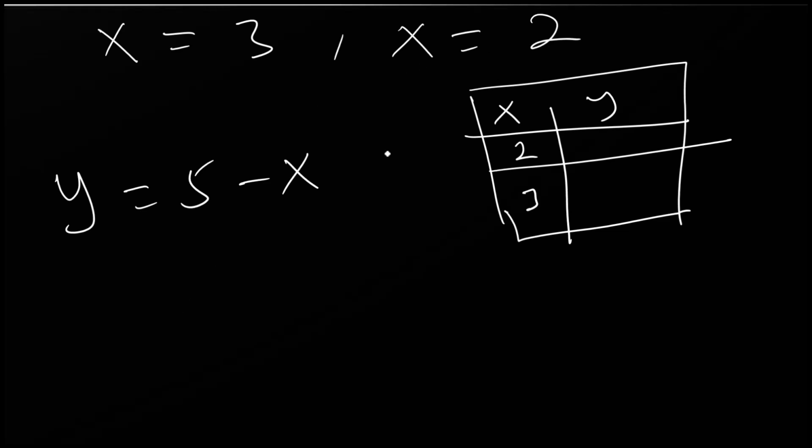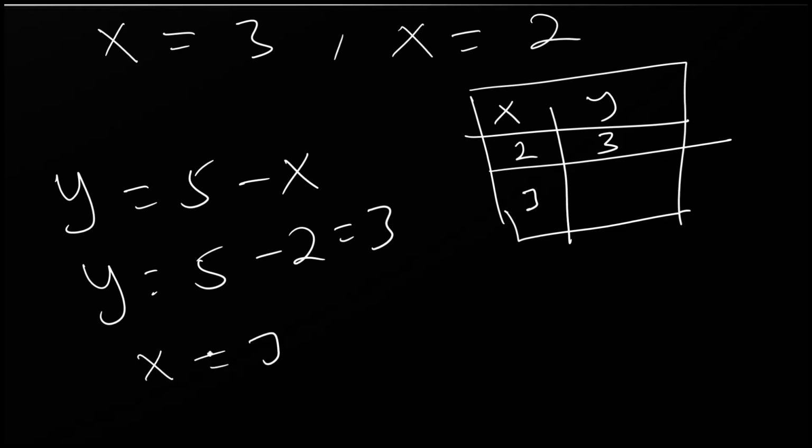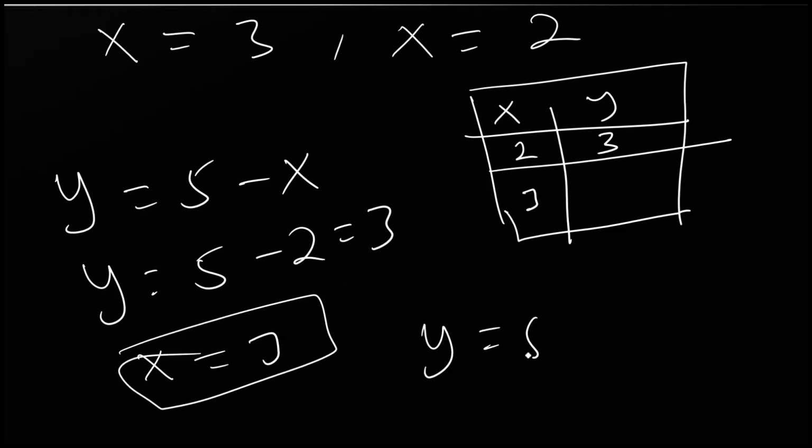So when x is 2, y will be 5 minus 2, that is 3. And when x equals 3, y will be 5 minus 3, that is 2. As simple as that.